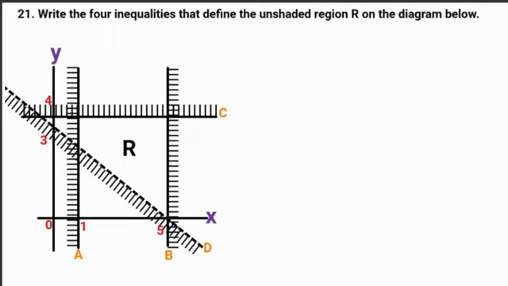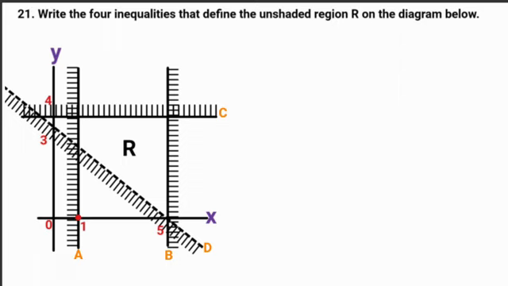Okay, so now let's start with line A. Line A is crossing the x-axis at point 1. So let me put the dot there. That is 1 there, the point where line A is crossing. When you look at line A, you see that the shaded part is on the left side, which means that the unshaded part is on the right.